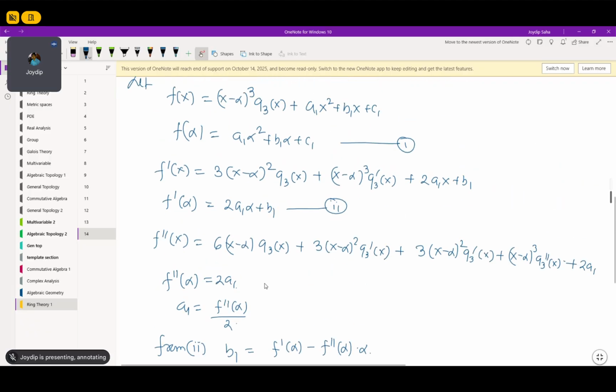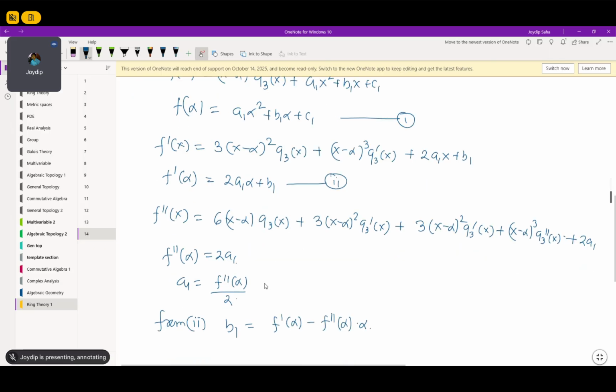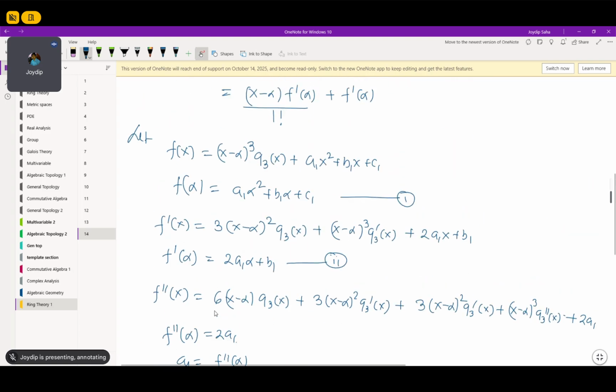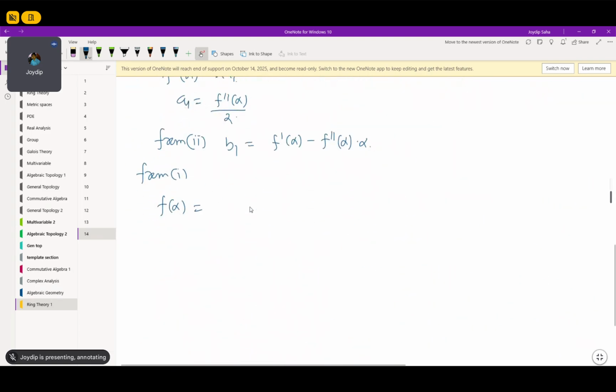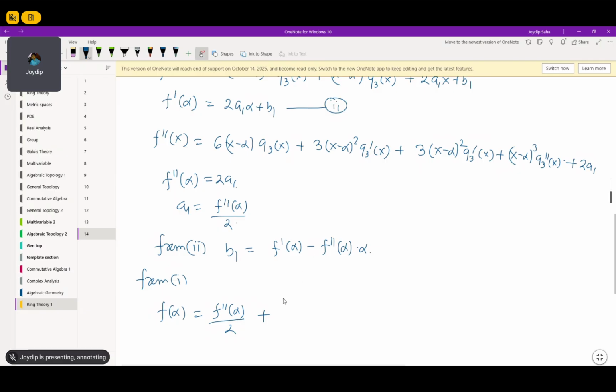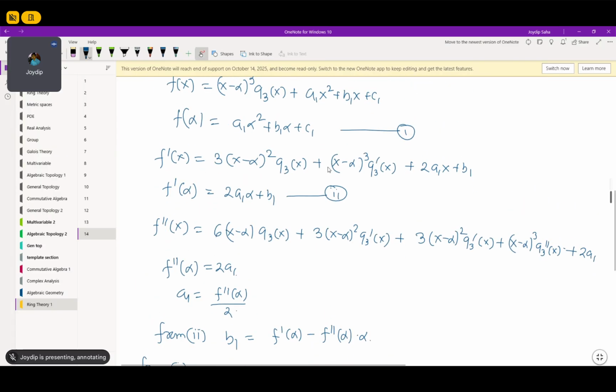Now from 1, f(alpha) equals a1, which means f''(alpha)/2, plus b1, which means f'(alpha) - f''(alpha) alpha, that is b1, and also alpha plus c1.